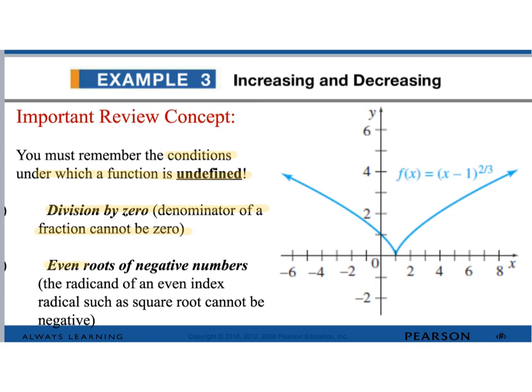You also can't take even roots of negative numbers. Now ours happened to be an odd root, but if it had been even, the radicand of an even index can't be negative, so you have to watch for that. But we have found our critical value, and our critical value is 1.